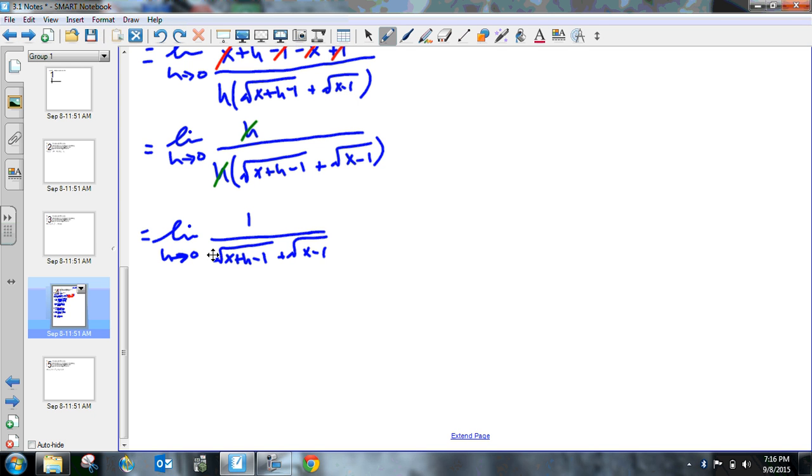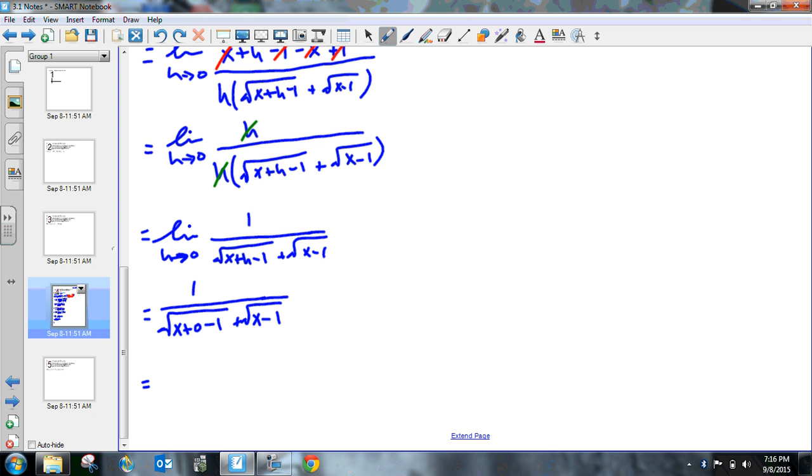Now at this step, I can plug in 0 for h. All the other steps I couldn't, because it would make my denominator indeterminate. So I'm going to plug in 0, and I get 1 over the square root of x plus 0 minus 1 plus the square root of x minus 1.